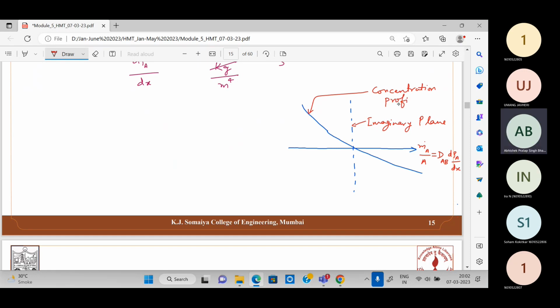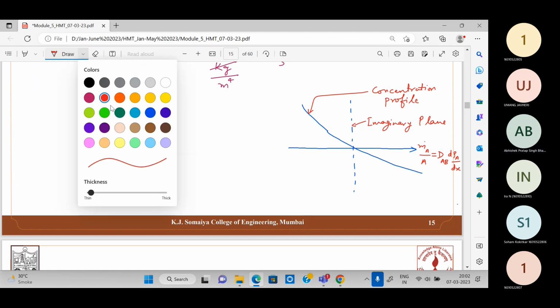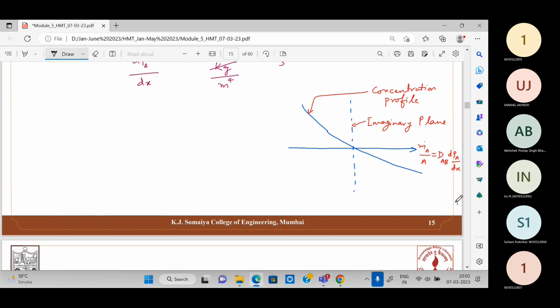So we are talking about the physical mechanism of mass diffusion. We can understand this with the help of this figure.